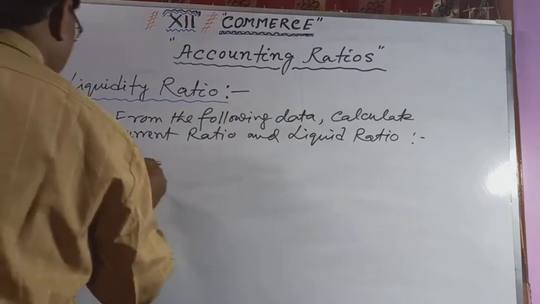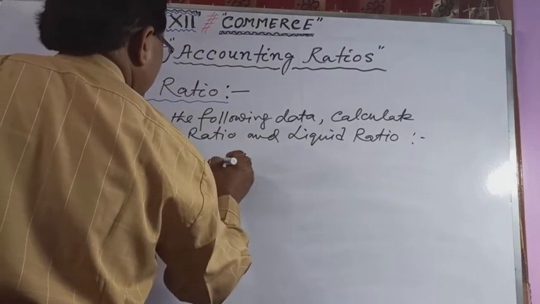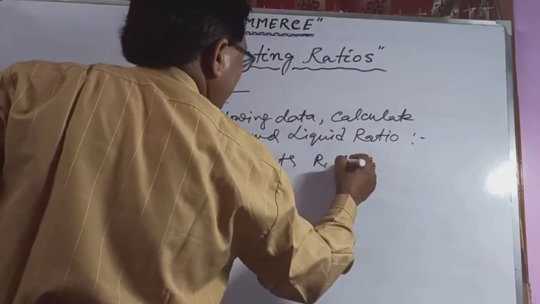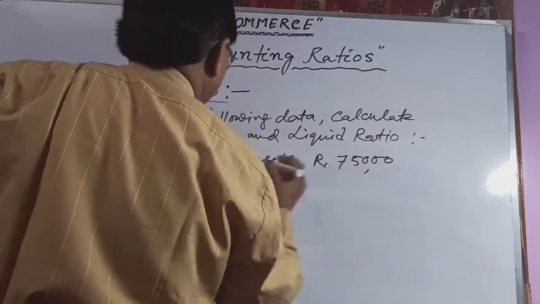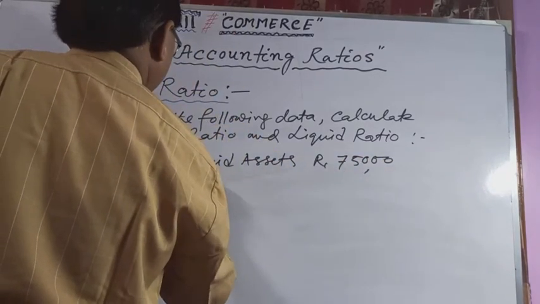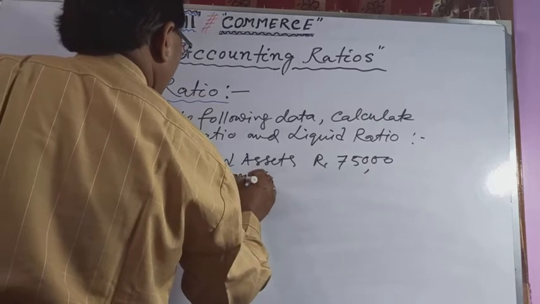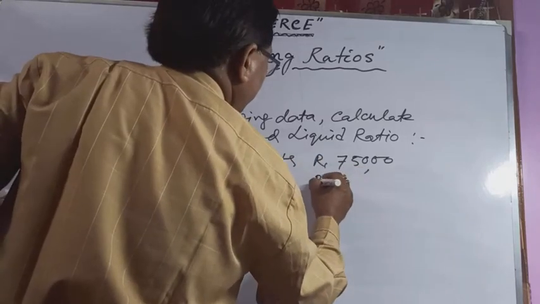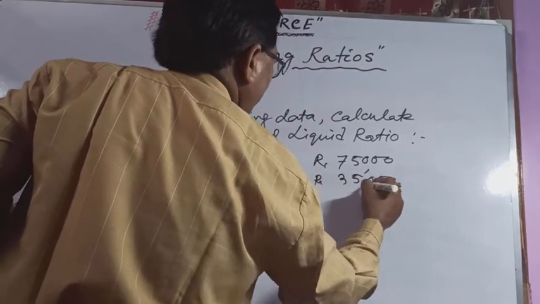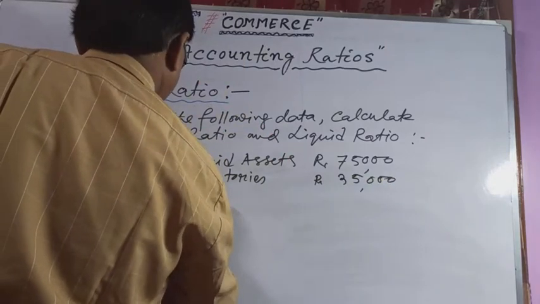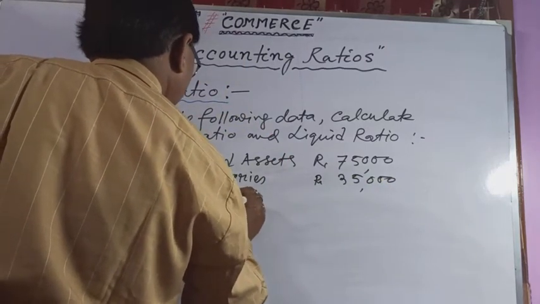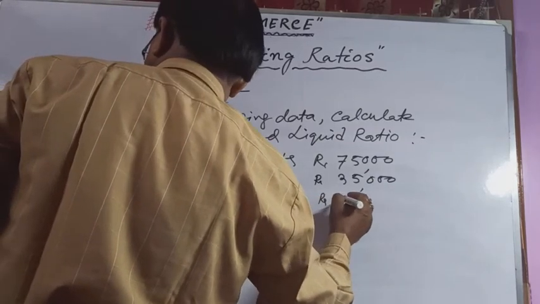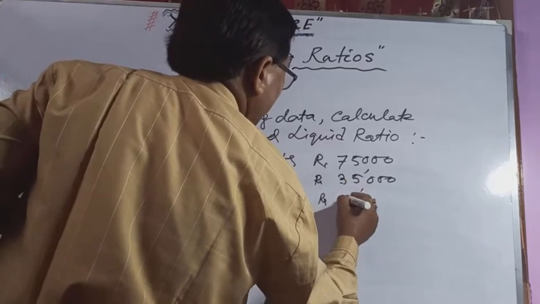The information says liquid assets ₹75,000, inventories, that means stock, ₹35,000, prepaid expenses ₹10,000.